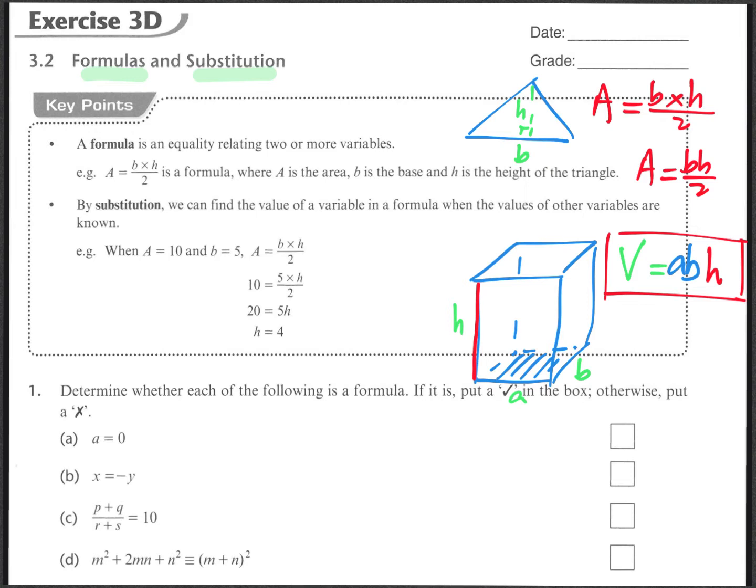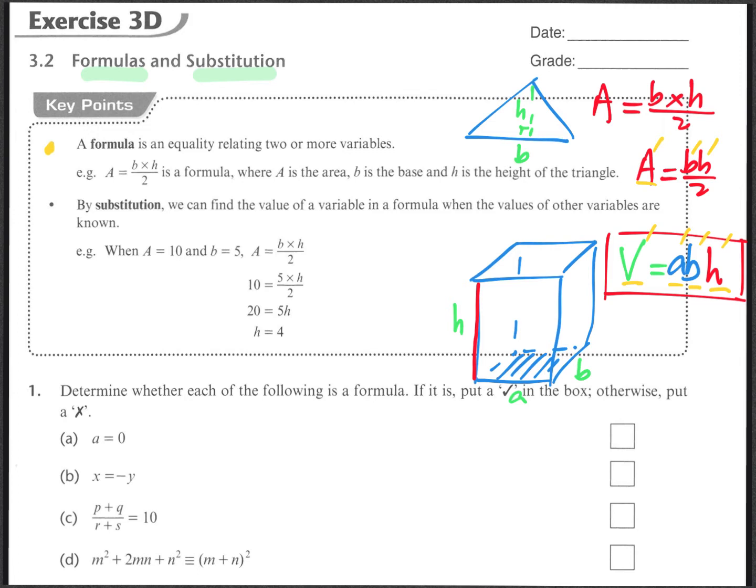Now you have a very brief idea about formula. You can see that it consists of several variables, maybe length, width, height, volume or area. There may be 1, 2, 3 variables, or even 4 variables. So as a result, you can see the sentence in the notes here.